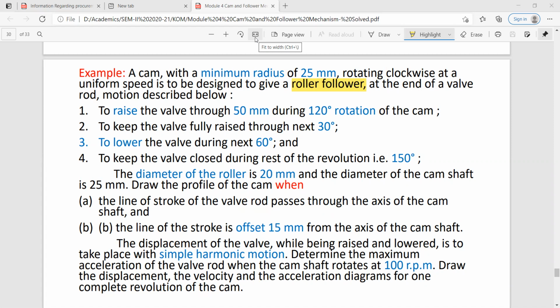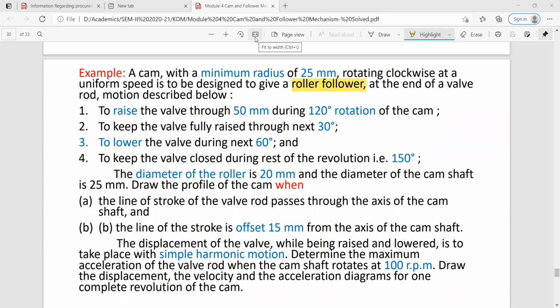Again, I will open a window of assignments. Those assignments are nothing but your term work, like drawing sheets based on your ICR method, your relative velocity method, relative acceleration method. So these drawing sheets you can prepare using the KOM video lectures.